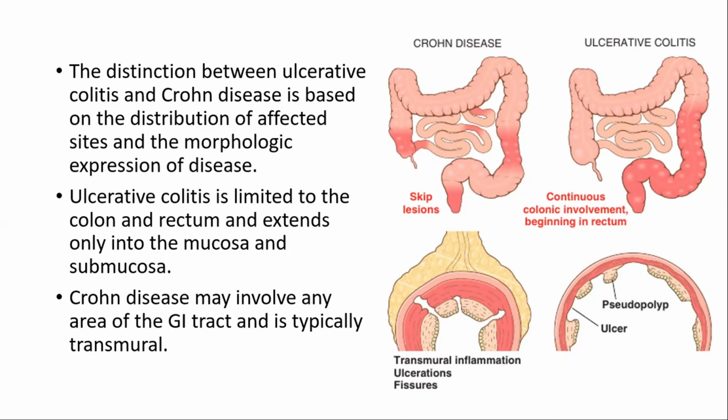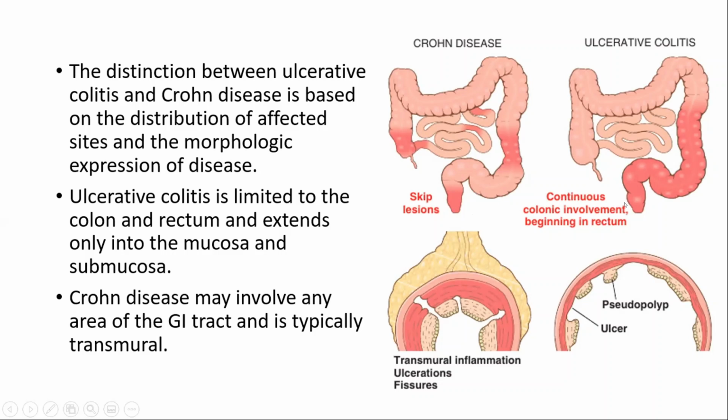So how we distinguish UC from CD is sometimes based on the affected site. Because in Crohn's disease, there are skip regions, where it involves the rectum and then a normal segment and then another segment of inflammation.